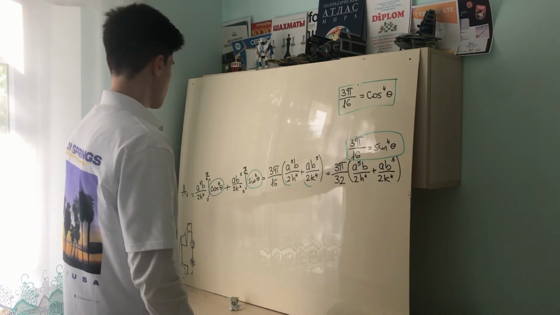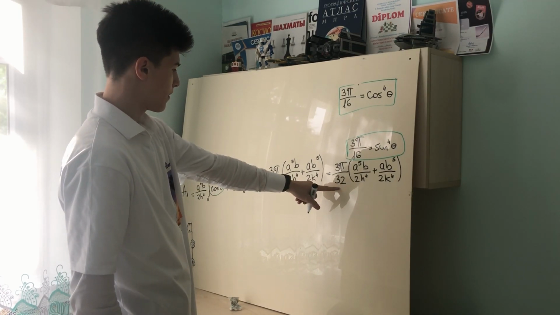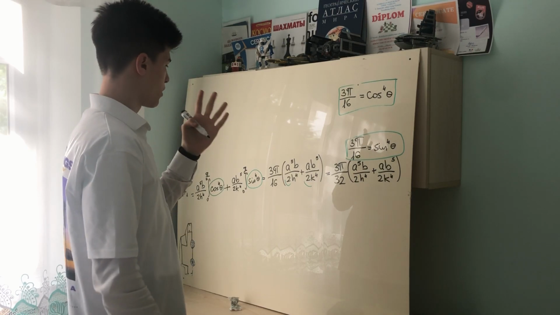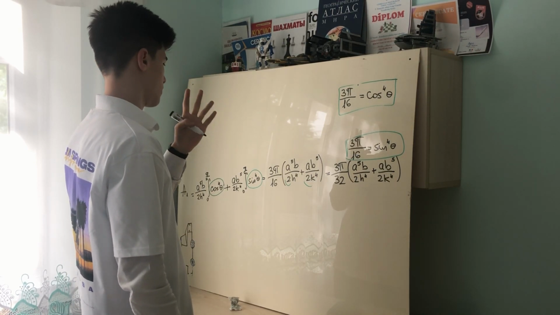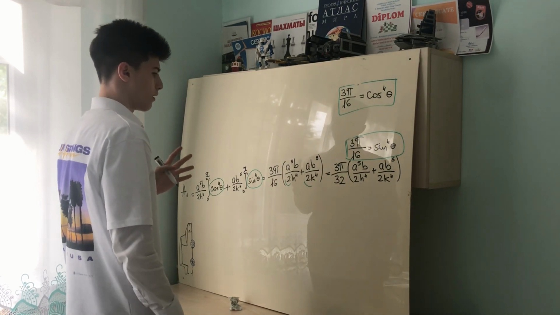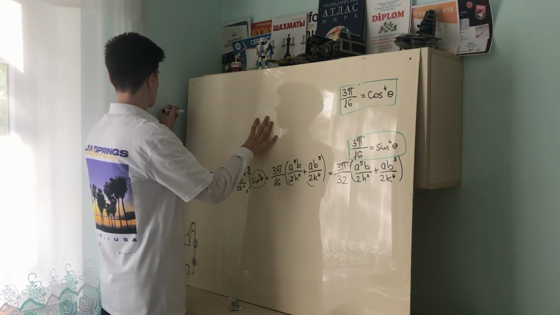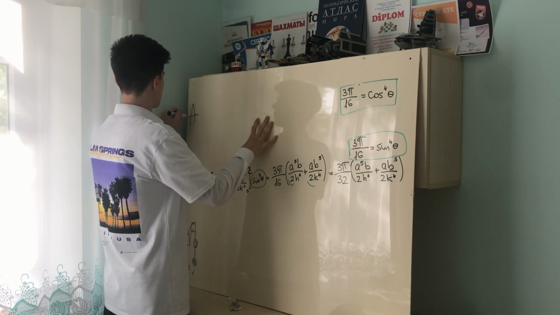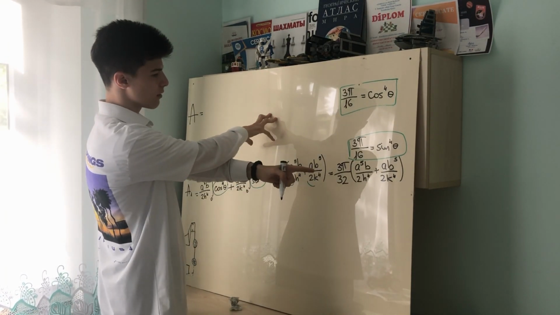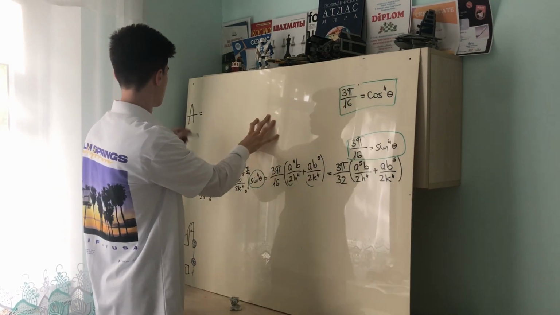So this is our A1, and as we said, we have four similar areas, which is our main area A. So we will just multiply this expression by 4.